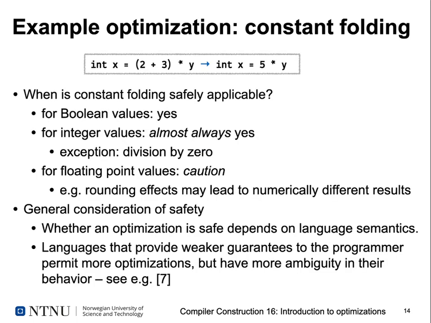So the question is, of course, we need to ensure that our semantics doesn't change. So we need to ask ourselves when we design such an optimization, when is such an optimization actually safely applicable? So when is constant folding safely applicable? Well, for Boolean values, yes, always, that's simple. For integer values, almost always, yes. So here's already an exception, which is probably obvious.